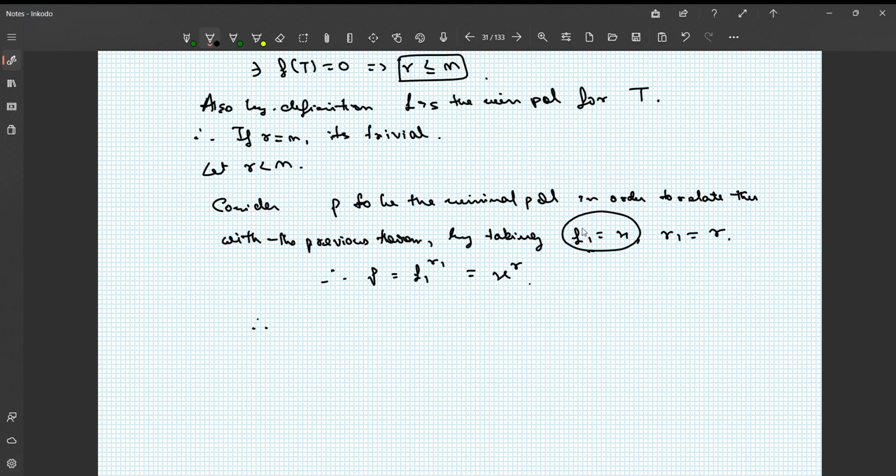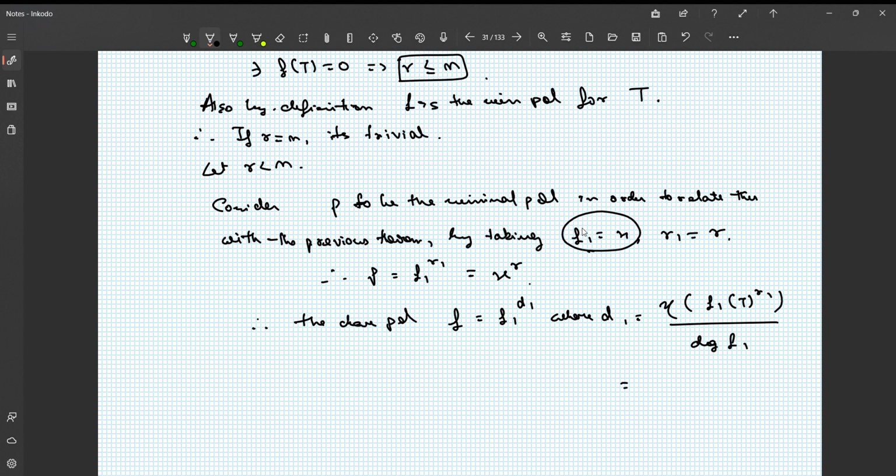Okay. Now, if this happens, what can we say? Therefore, the characteristic polynomial f should be of the form f1 to the power d1, where d1 is given by the nullity of f1(T) to the power r1 divided by the degree of f1. Now f1(T) to the power r1 is exactly equal to T to the power r1, and this is the zero operator.